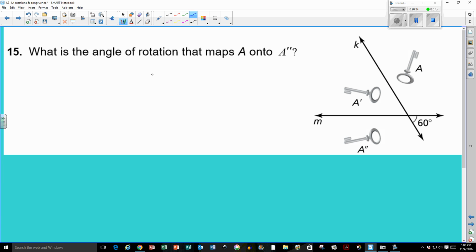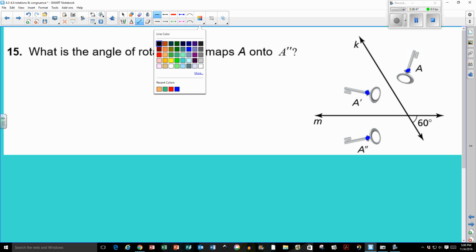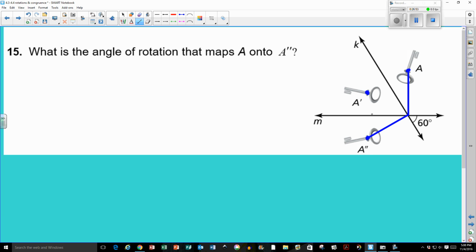All right, so the angle of rotation. Just pick a point. If I were to pick a point here, pick the same point in each figure. And then I'm going to draw a line to each one from the center of rotation, and I want to map it to here. What I do know is that this is 60 degrees. So what is this angle here going to be?